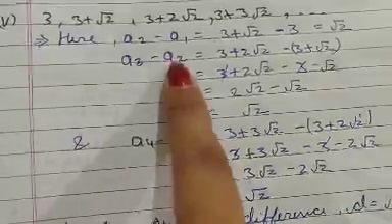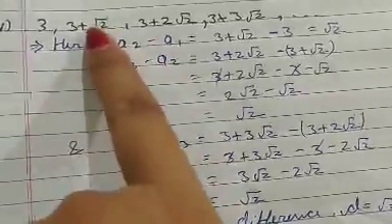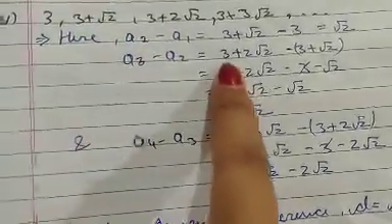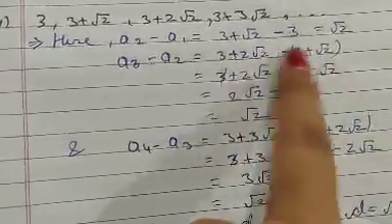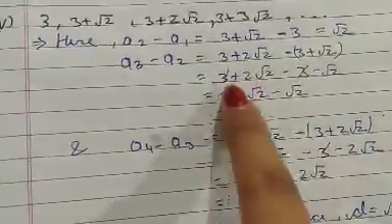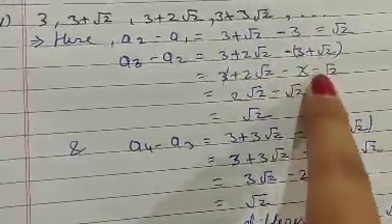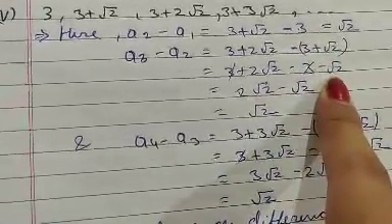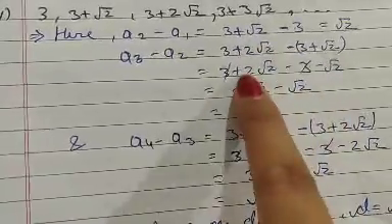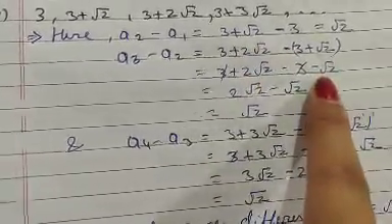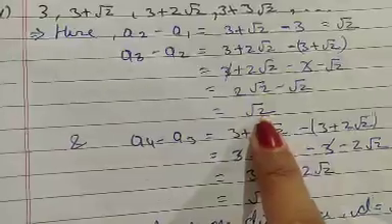Now a3 minus a2, subtracting the second term from the third: 3 plus 2 root 2 minus (3 plus root 2). Opening the bracket, we have 3 plus 2 root 2 minus 3 minus root 2. So plus 3 minus 3 cancel out, and 2 root 2 minus root 2, so the remainder is root 2.